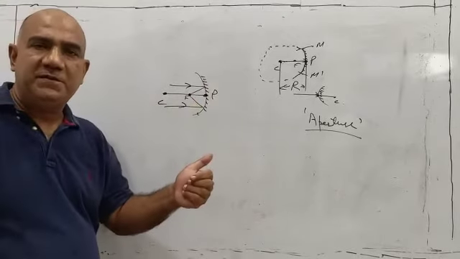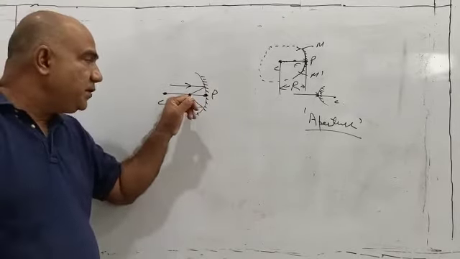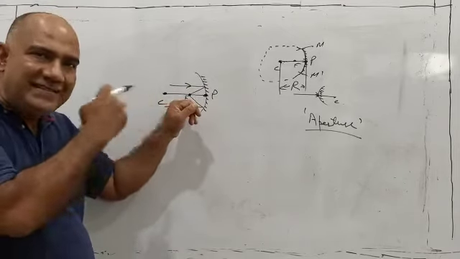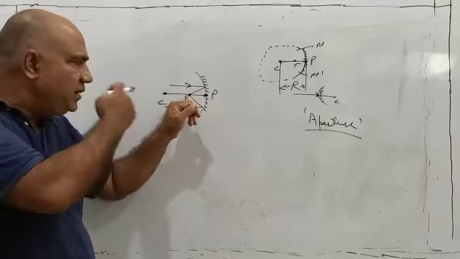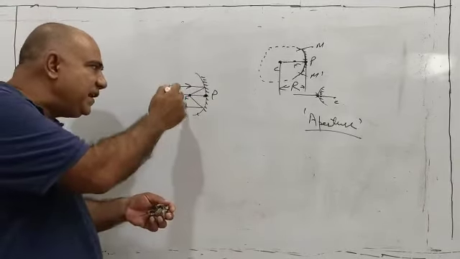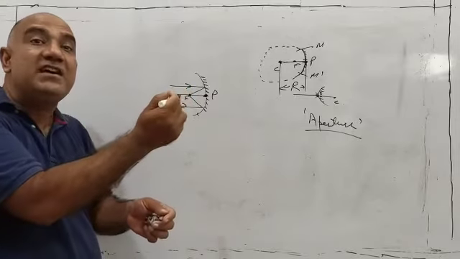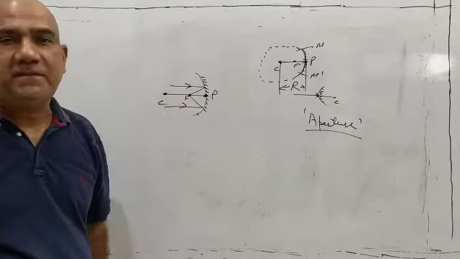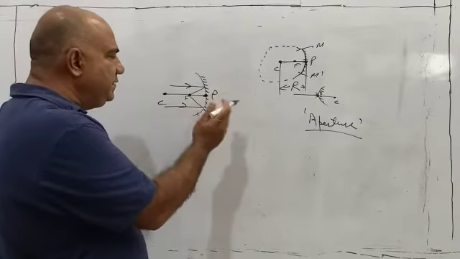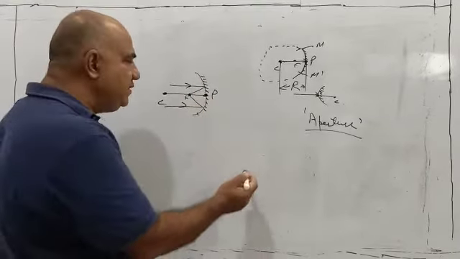That point is called principal focus. Principal focus of a concave mirror is a point on principal axis to which all the light rays which were initially parallel and close by to the principal axis are converged after the reflection. So this is principal focus, and sign conventions we have not studied, later on I will tell you.